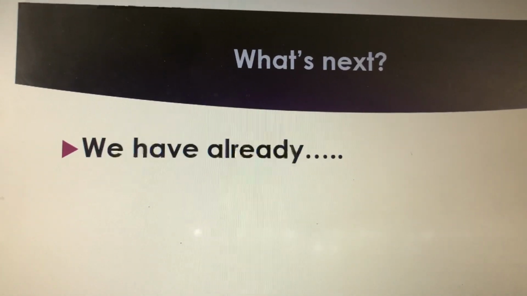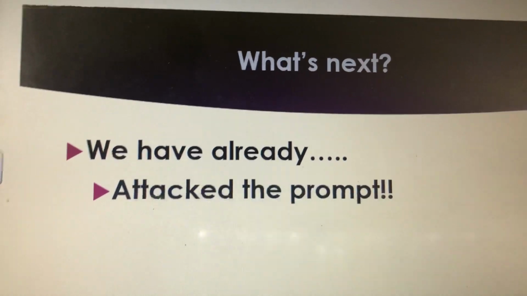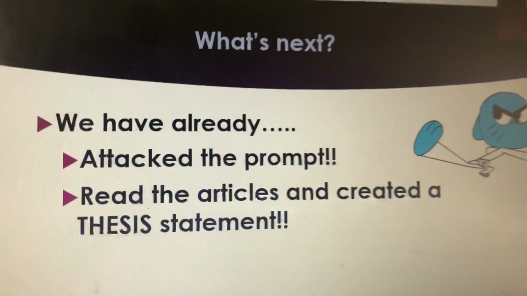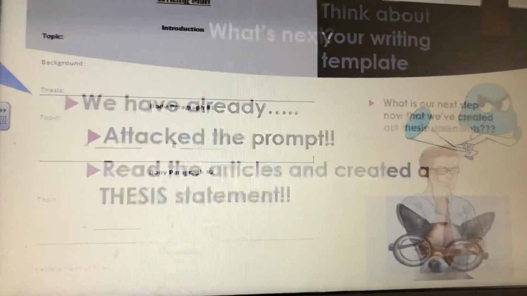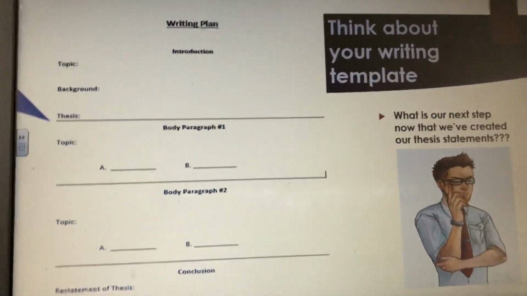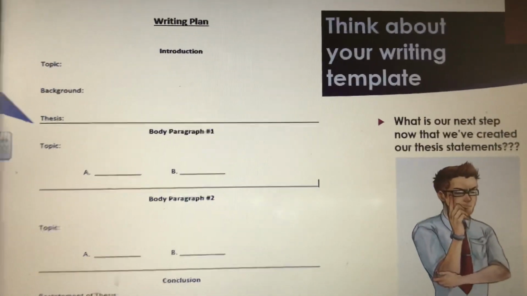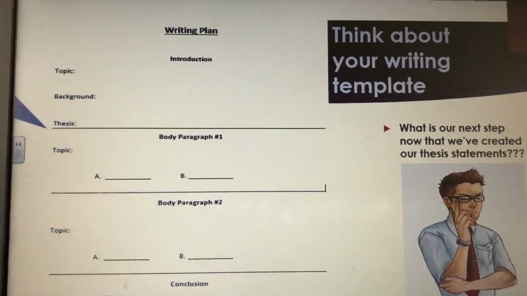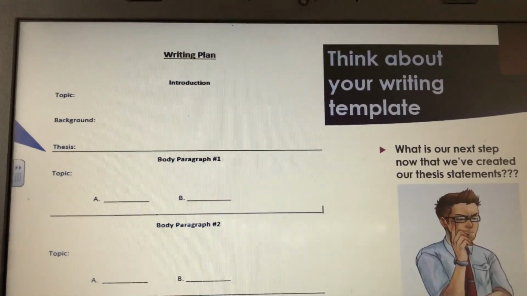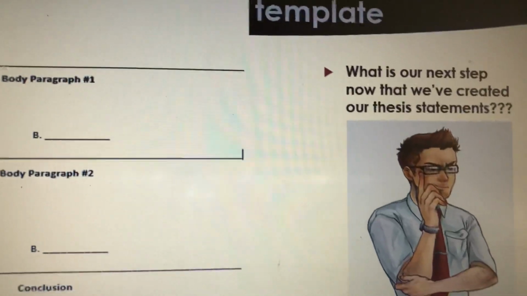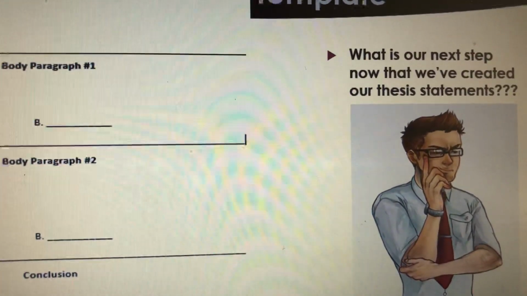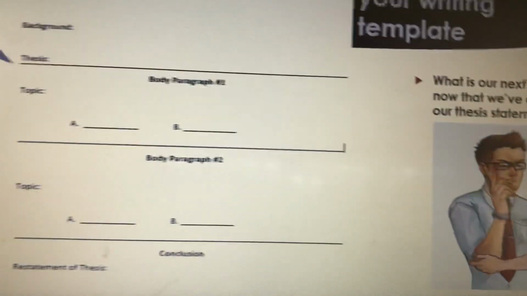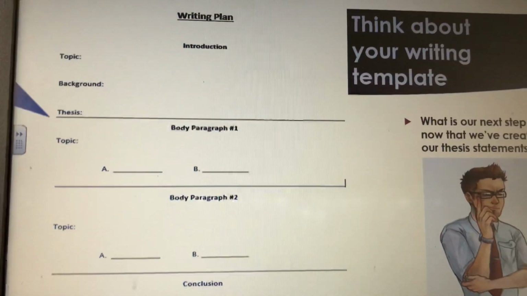So the question is, what's next? Well, we already attacked the prompt, read the articles, and created a thesis statement. So we're good to go there. But now the next step is to think about your writing plan template. What is our next step after we've created that thesis? Think about it for a moment.